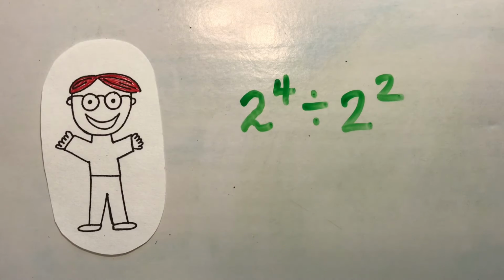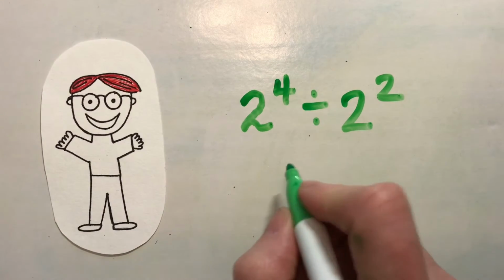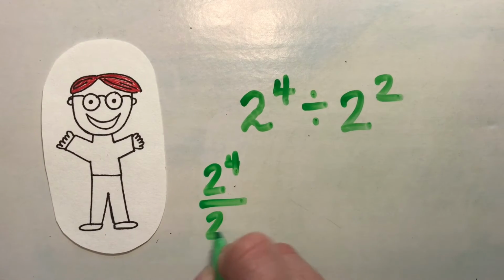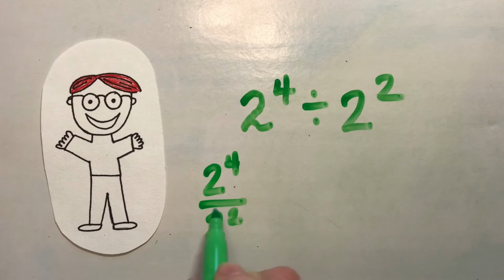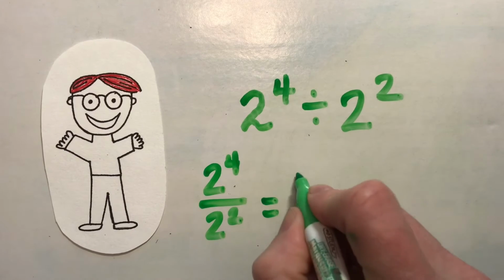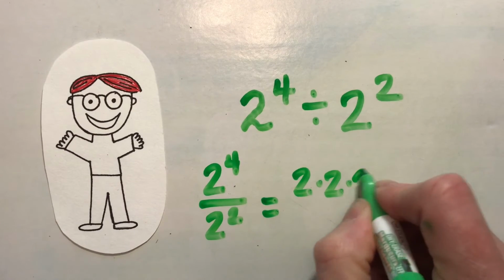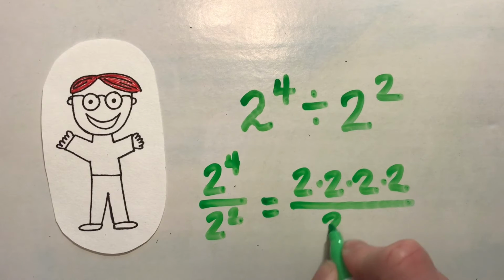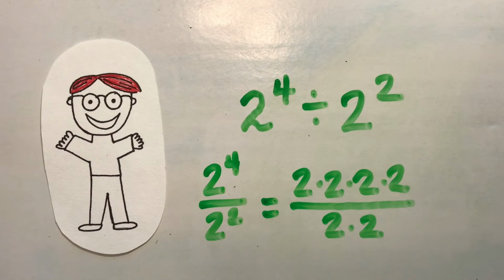Here's another question, this time division. Now I always like to think of division as a fraction. In fact, if you look at the division sign, it sort of looks like a fraction. We have 2 to the 4 on top, divided by 2 to the 2 on the bottom. Numerator and denominator kind of make the two dots that you see in that division sign. Now if I expand this out, we have 4 2's being multiplied together on the top, and we're dividing it by 2 2's in the bottom.